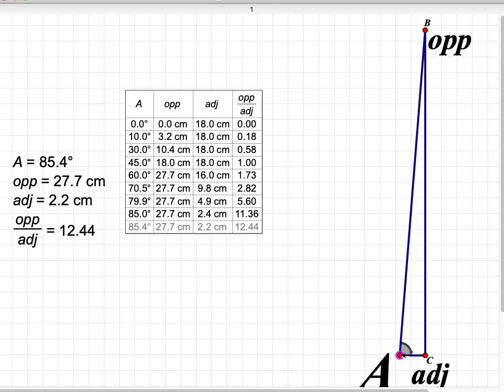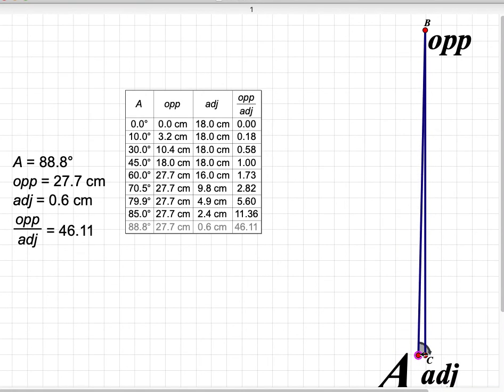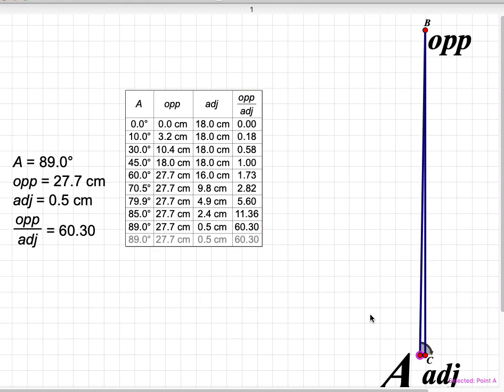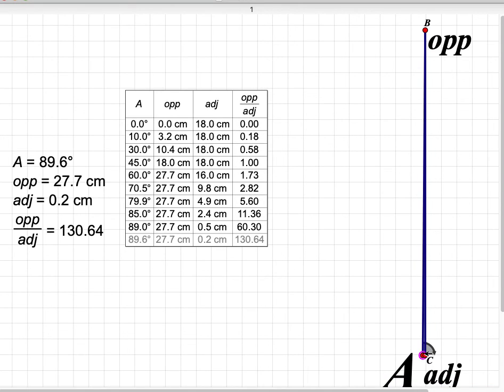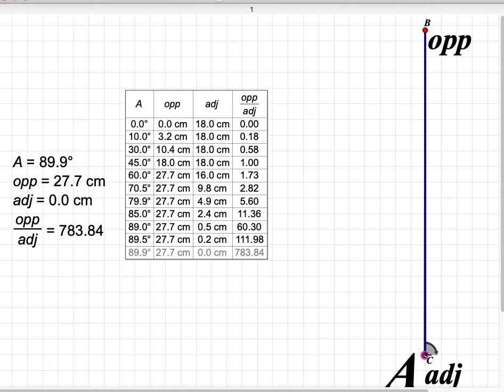My tangent keeps doubling. 89 degrees. Well, look what's happened. Look at how big that's getting. Question is, how big can it get? 89.5 degrees. 89.6 degrees. Now here's the problem: I can't get infinitely close. But you can see that at 89.9 degrees, you can see how big that tangent gets.